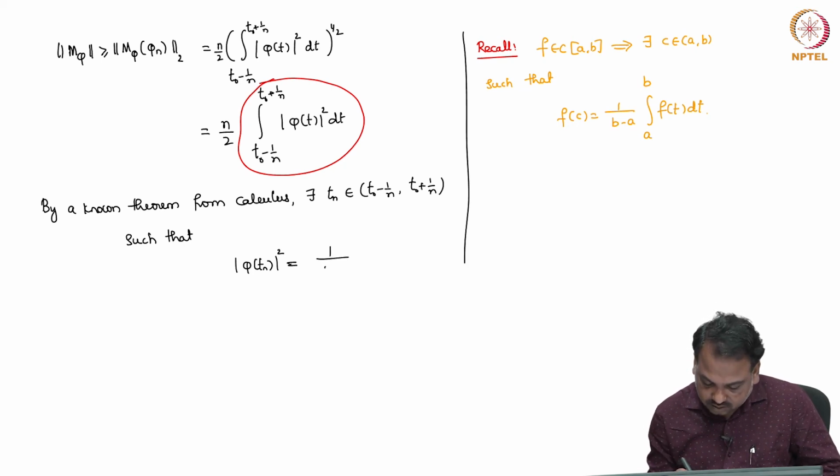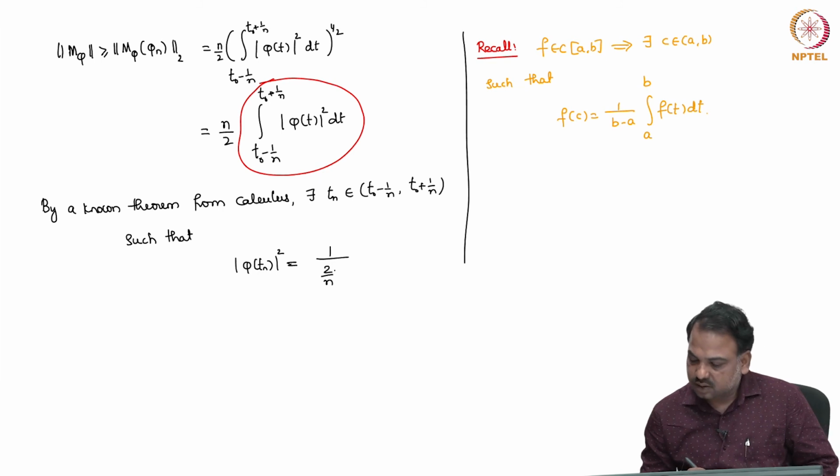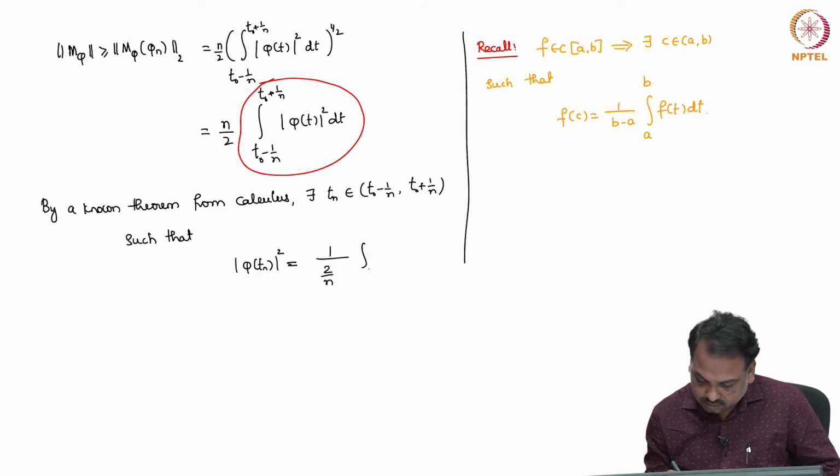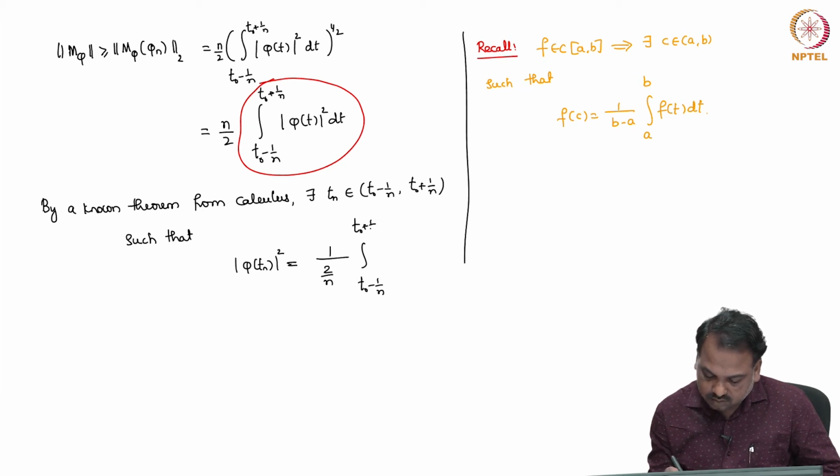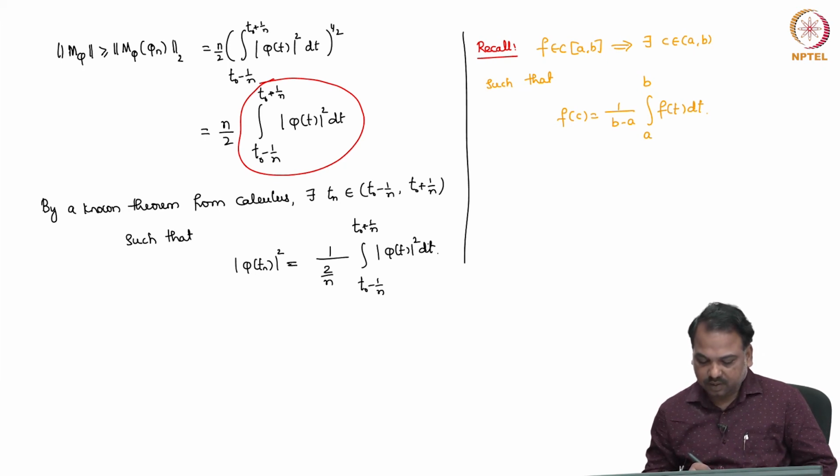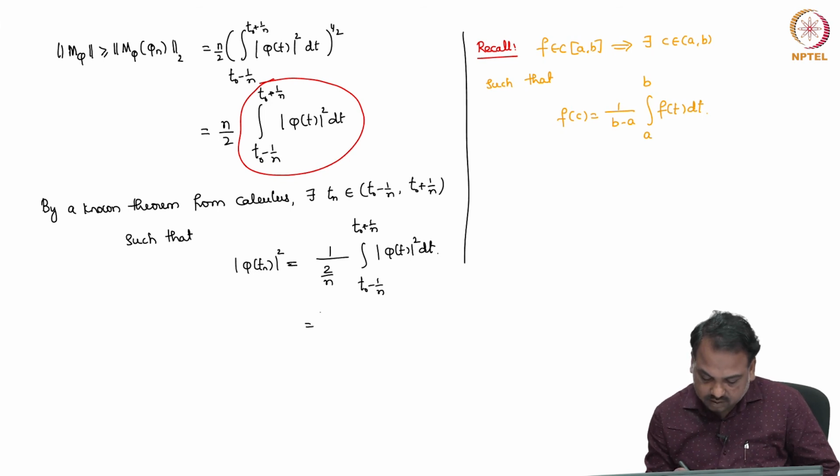So this is 1 by 2 by n multiplied by the integral from t0 minus 1 by n to t0 plus 1 by n of mod phi of t square dt. So this is nothing but n by 2 times the integral from t0 minus 1 by n to t0 plus 1 by n of mod phi of t square dt.